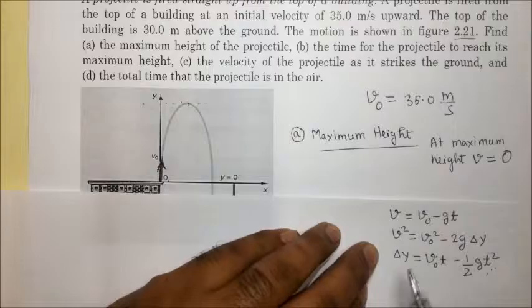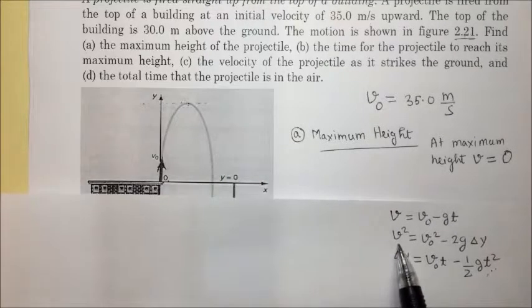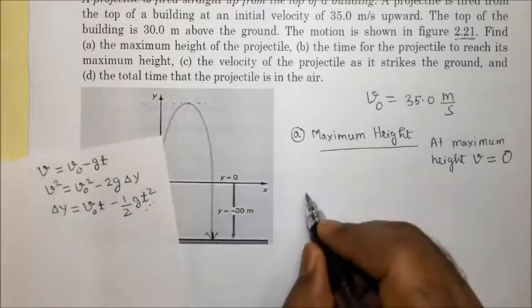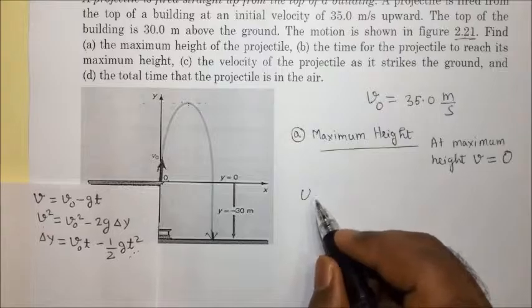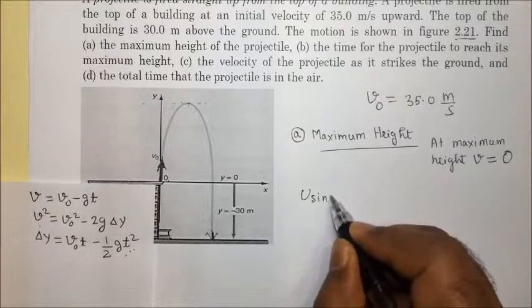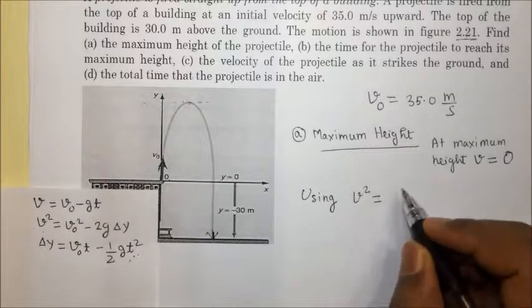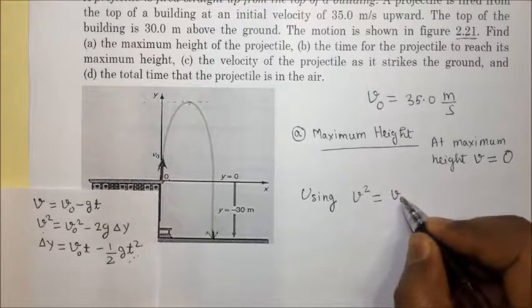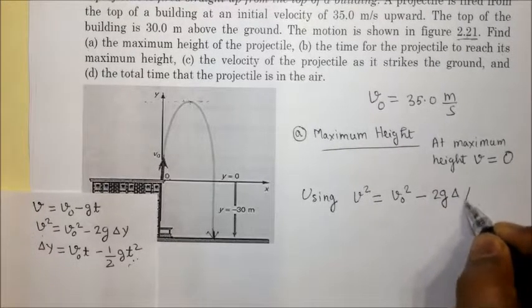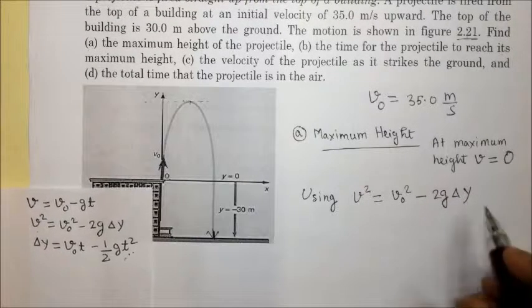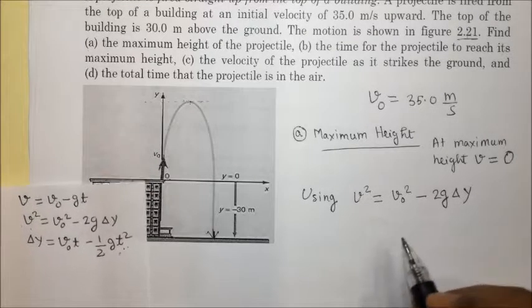Okay, so using this one, V final square is equal to V initial square minus 2g delta Y.